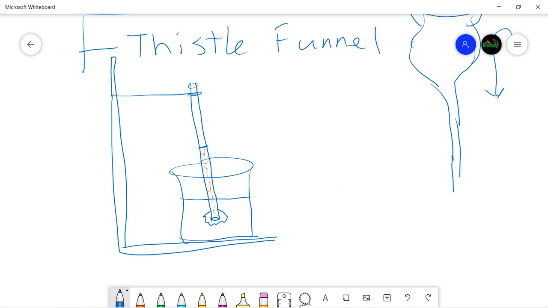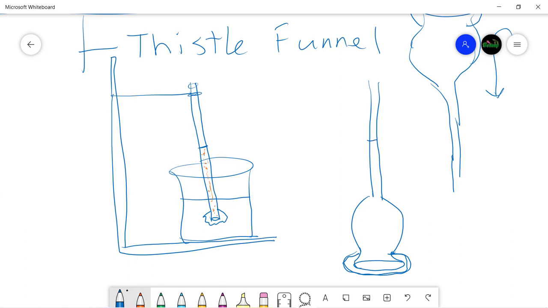Now this is a very simple osmometer, a glass tube or a thistle funnel turned upside down like this. And then you tie that piece of membrane on its mouth and close it, and then you add the solution and fill it with the solution.